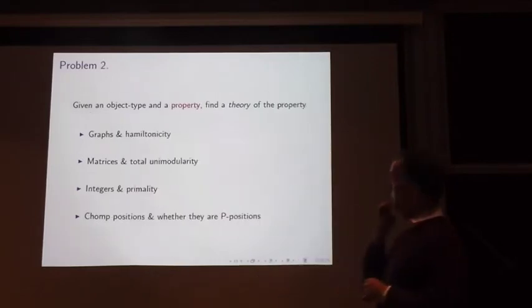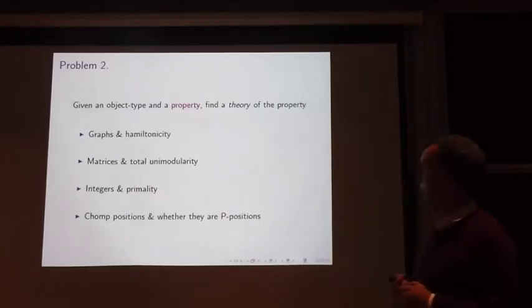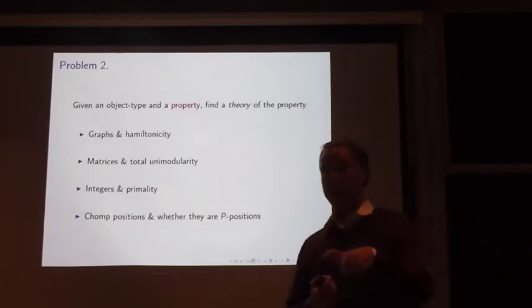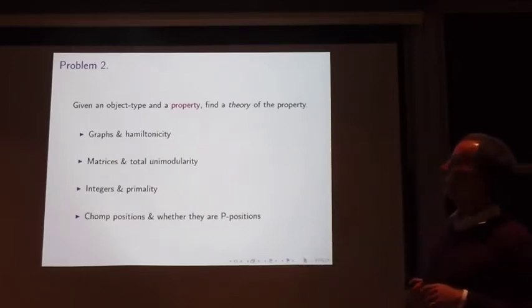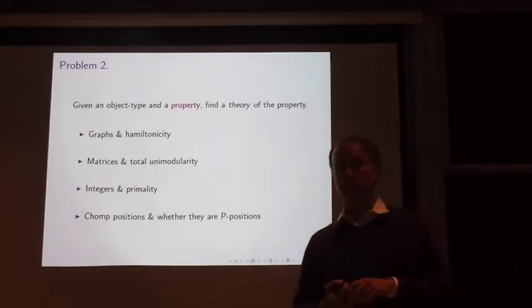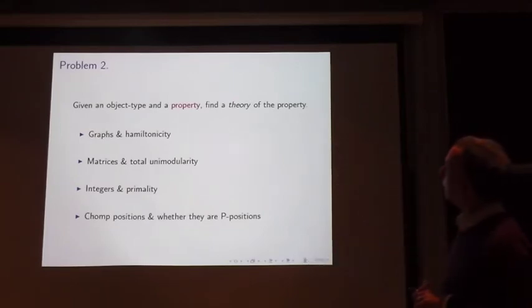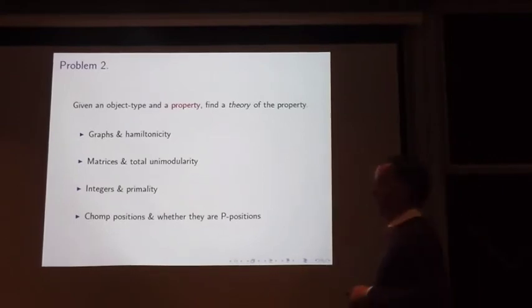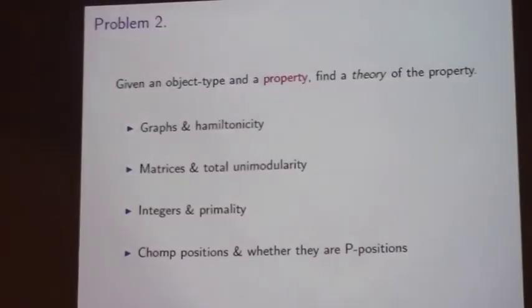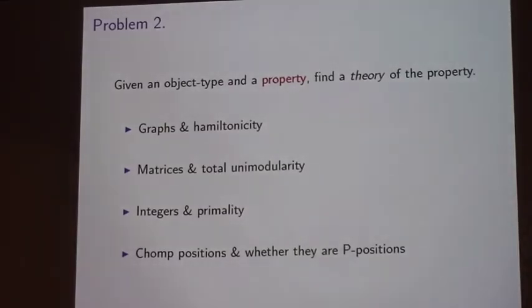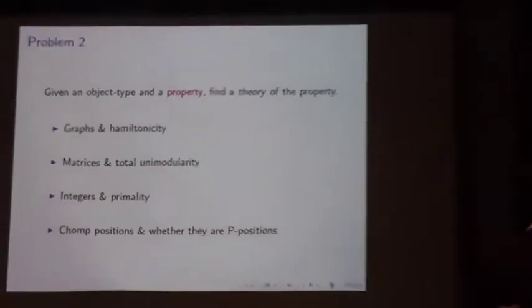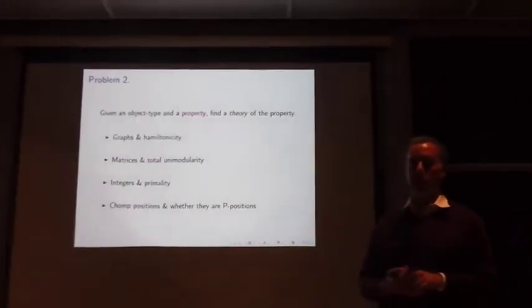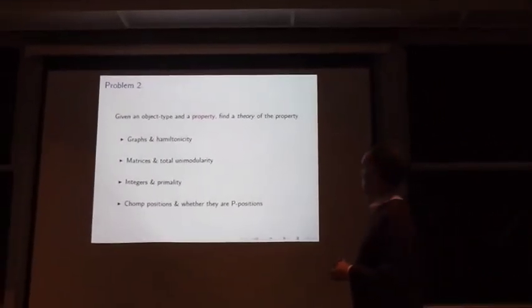And the other kind of problem that we are interested in is given an object type and some property, some Boolean of those objects that you're interested in, a theory to investigate. So here, the very best thing would be some polynomial time characterization, but maybe you won't get that. So maybe you could get some sufficient conditions, or maybe you could get some necessary conditions.